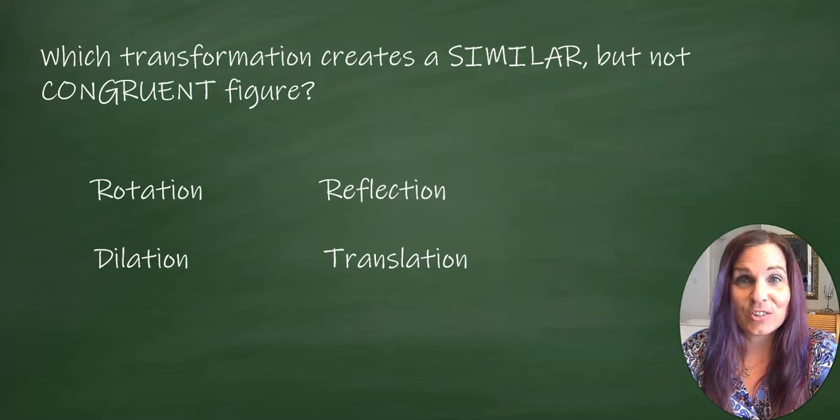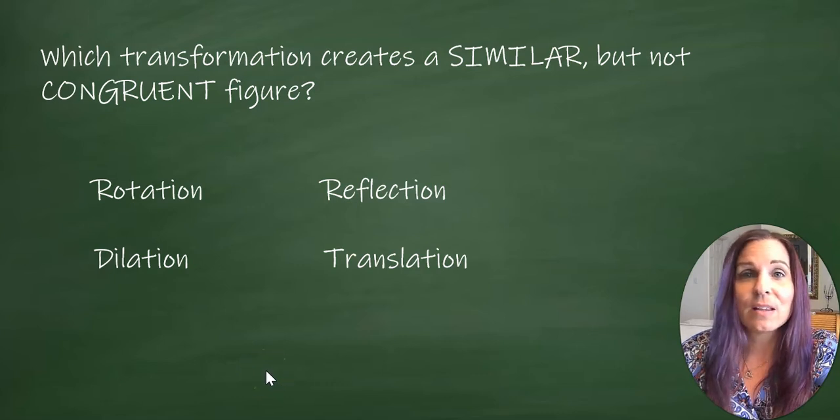Which transformation creates a similar but not congruent figure? So in the last video, we talked about 3 transformations that are rigid transformations, and they have that name because the shape doesn't change size, right? Same shape, same size when you do a rotation, a reflection, or a translation.